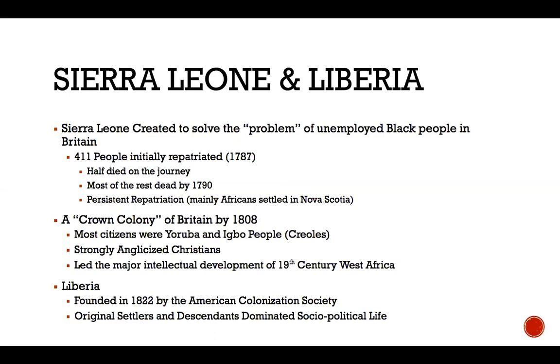And they would also go on to lead some of the major intellectual developments, including Samuel Ajayi Crowther, who was one of the founders of several schools, and was the first African missionary in West Africa. These sort of people, right?